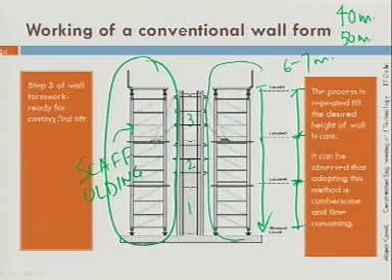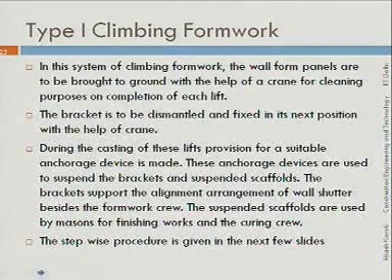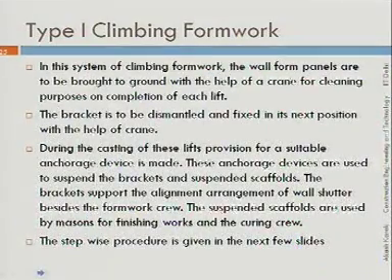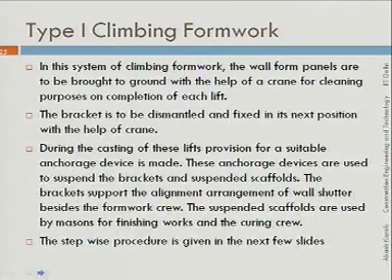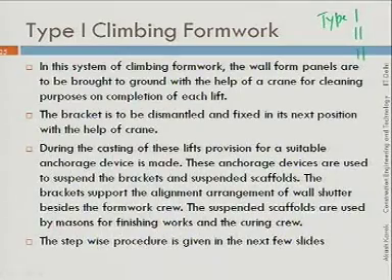So, people devised climbing formwork. Now, I will tell you the working of a climbing formwork. There are three types of climbing formwork that we are going to discuss: type 1, type 2 and type 3. There are certain differences in these three types.